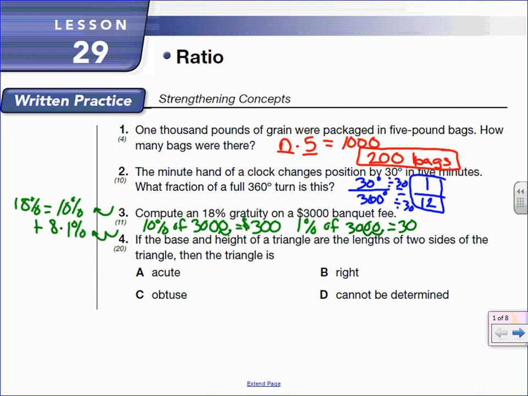So 8% is 8 times 1%, which is 8 times 30, which is $240, which is reasonable. It should be close to 10%, but less than 10%. So then the total gratuity would be 300 plus 240, which is $540.